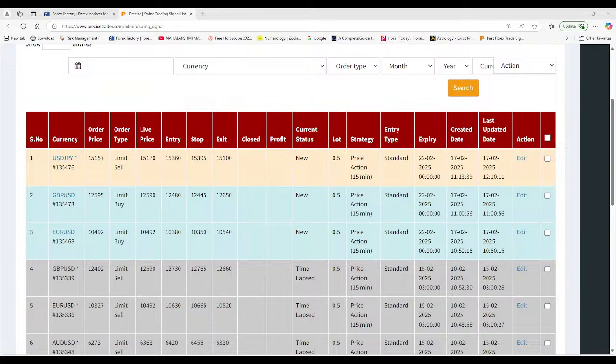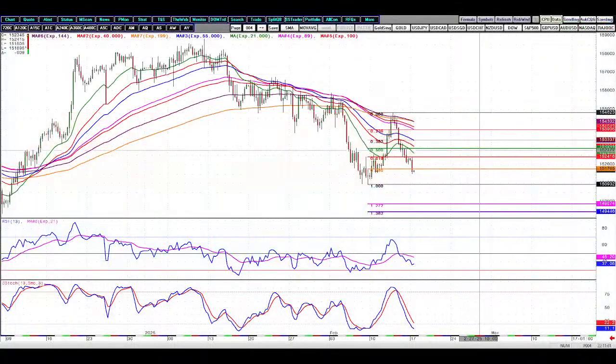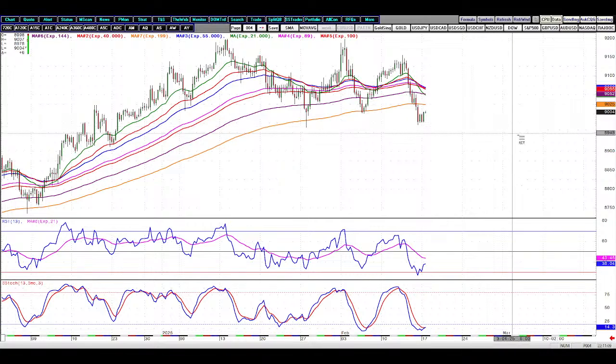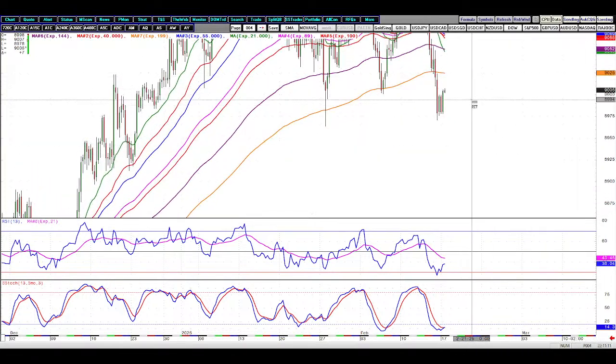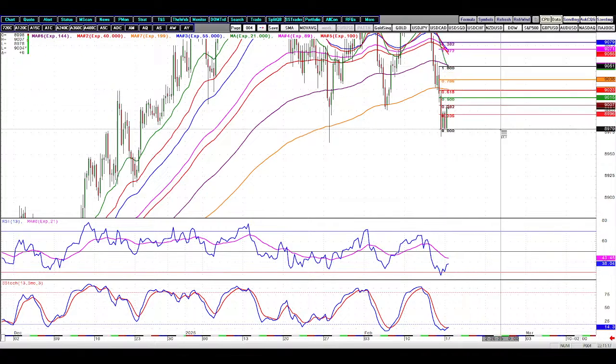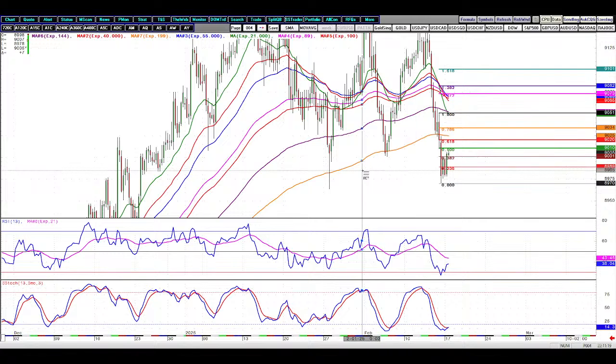So here we look into the chart. Okay, right now this is in a range, so we can sell at 90.25 or 90.50. But of course, if we can go higher, then I think 90.80 and 91 should be kept.